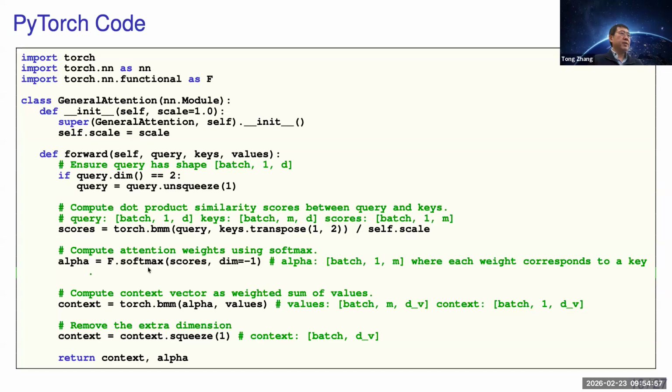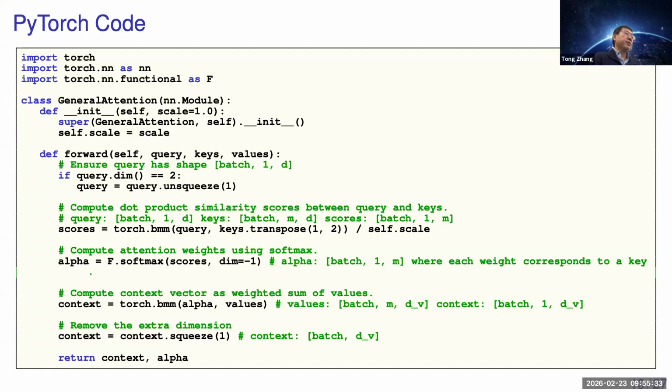And then this alpha is the softmax, right? You pass that through softmax to get your alpha, and alpha has shape batch by M. Then you have values with shape batch by M by dv, and you just do a batch matrix-vector multiplication, which gives 1 by dv, and then you squeeze the 1, which makes it essentially the context vector of d dimension.